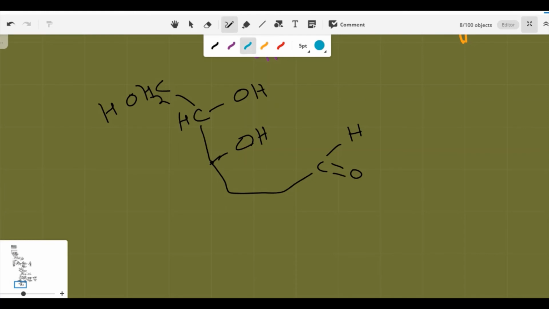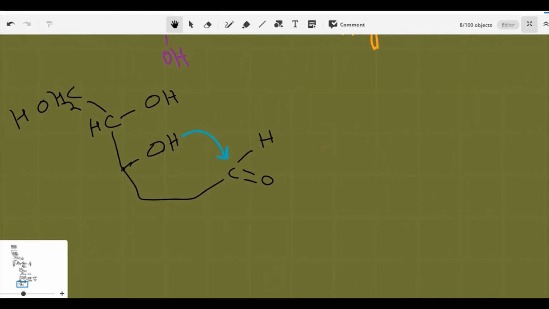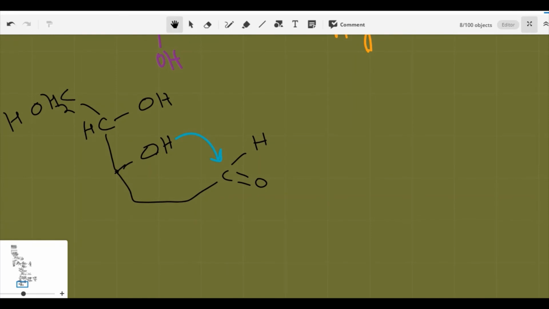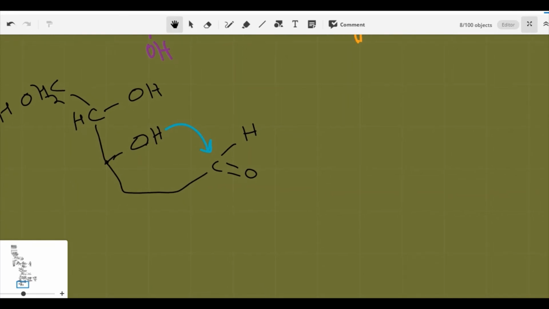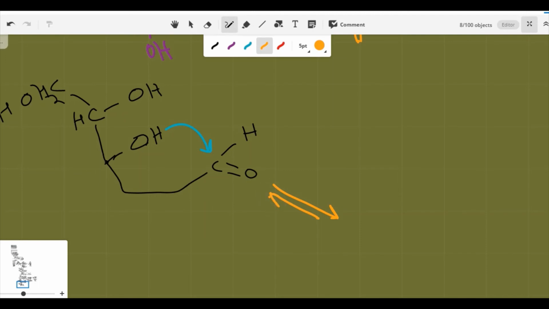Now if the hydroxyl group of C4 reacts with the aldehyde, it will make a 5-membered ring, that is known as furanose form. So here that is the structure.